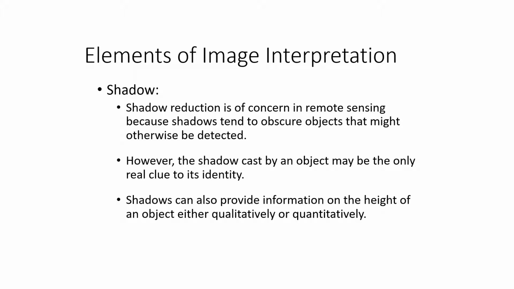You can also look at shadow. Shadow reduction is of concern in remote sensing because shadows tend to obscure objects that might be otherwise detected. Sometimes the shadow of an object is the only thing that helps us really figure out what it is. So they can help or they can hurt. They can be qualitative or quantitative.